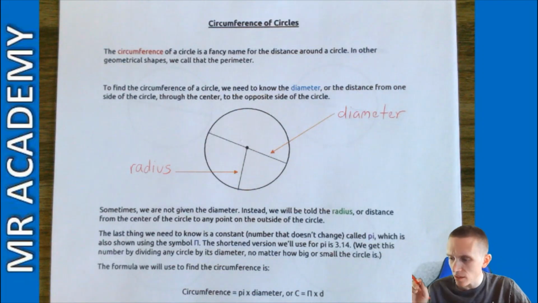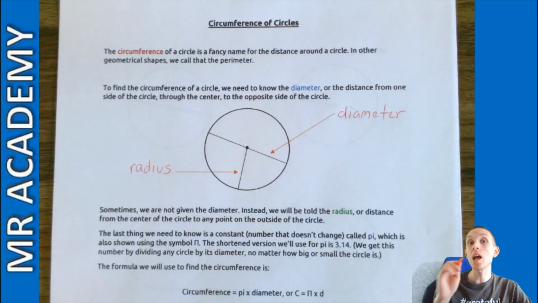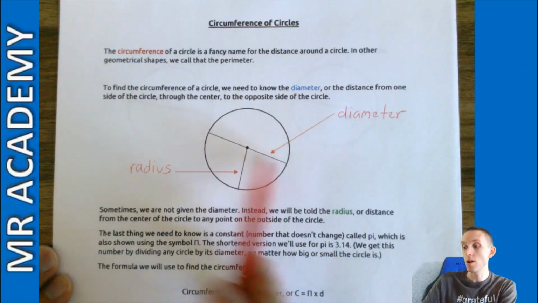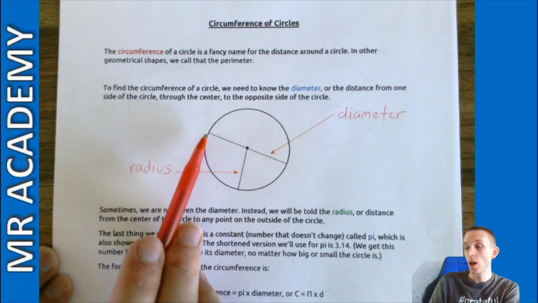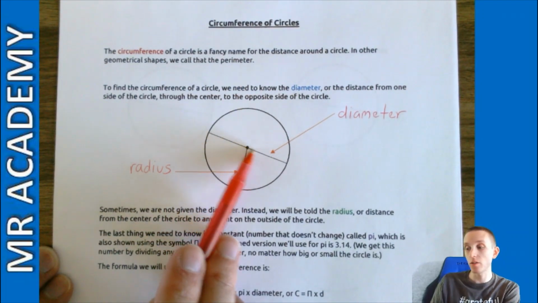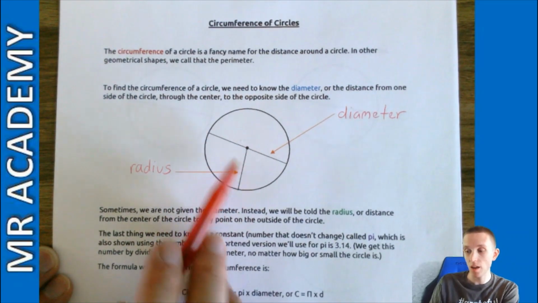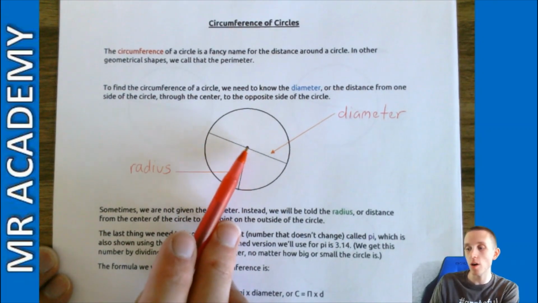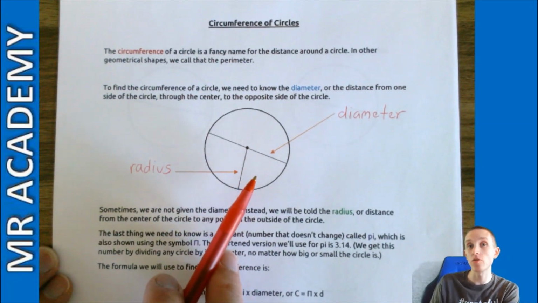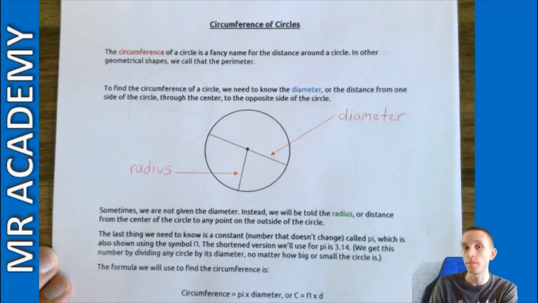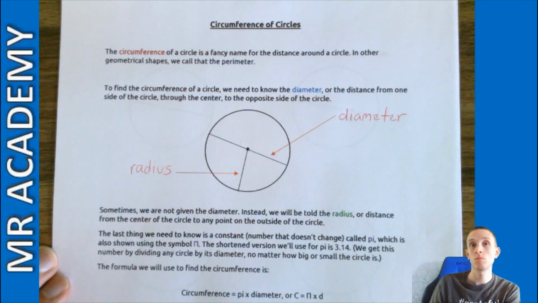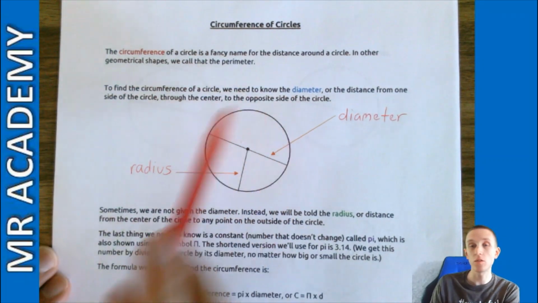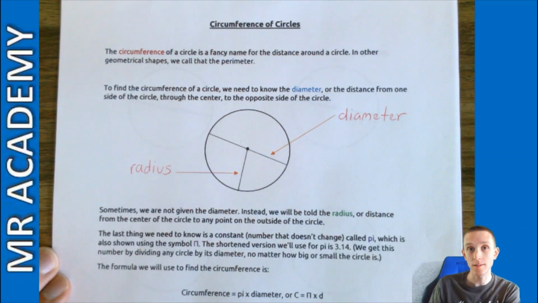Because if we know the diameter, which is this thing right here, the distance from one side of the circle all the way through the center of the circle to the other side, it has to cross through that center point, the exact middle of the circle. If we know that straight length, we can figure out the distance around that circle without measuring anything. It's pretty cool. So that's what we're going to do.